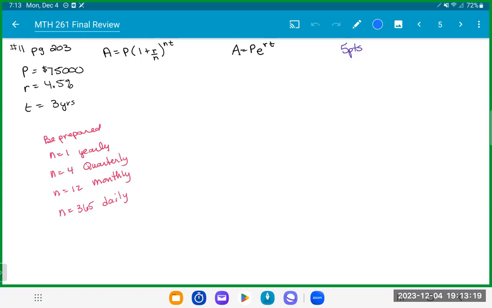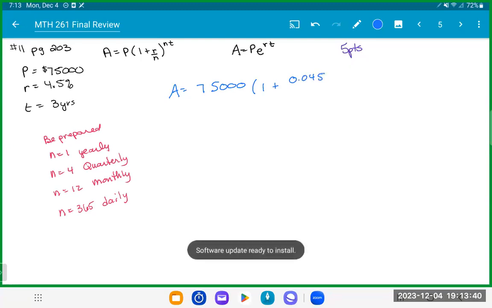Okay. And so then what we have is we plug it into this first equation. So we have A is equal to our principal, which is 75,000 times 1 plus our rate. Our rate is 0.045.